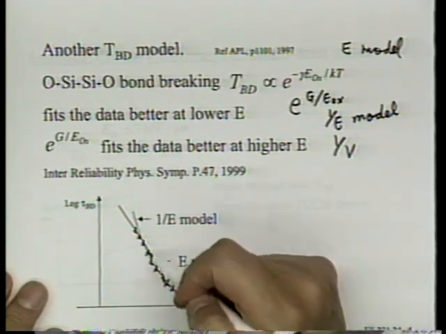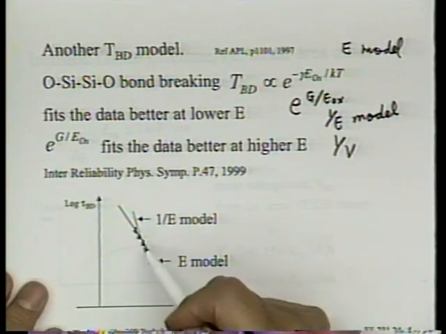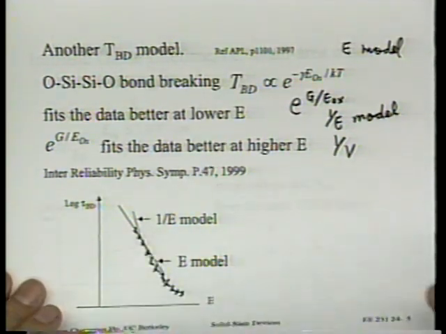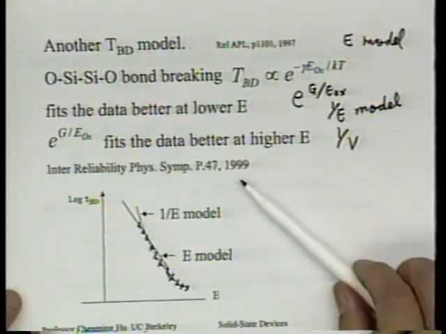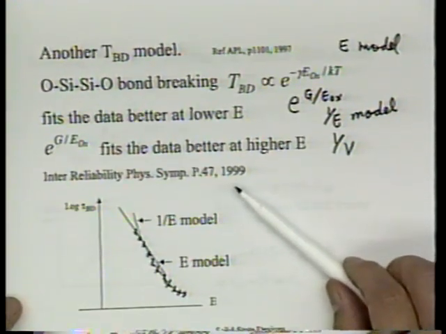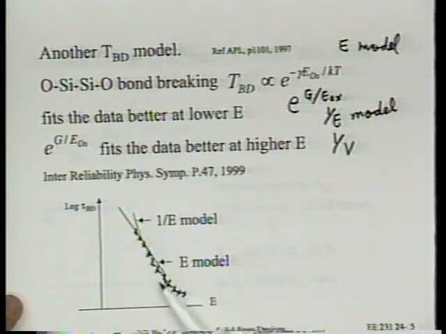So it follows the 1 over E model better at high electric field, and the E model better at low electric field, okay? And so in one paper, one suggestion is simply to combine these two models together, take the lower of the two, or take the 1 over E model in the higher field region, and the E model in the lower field region.